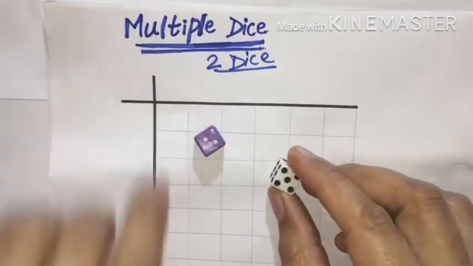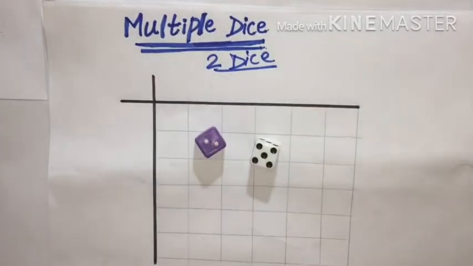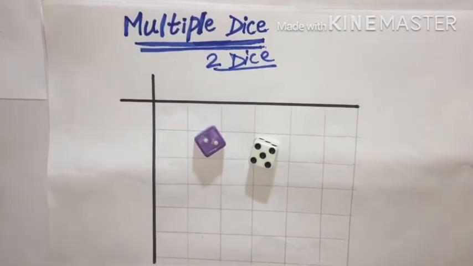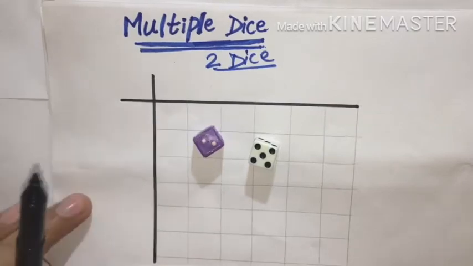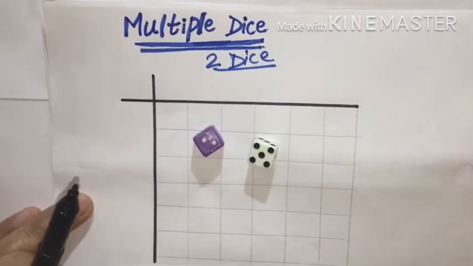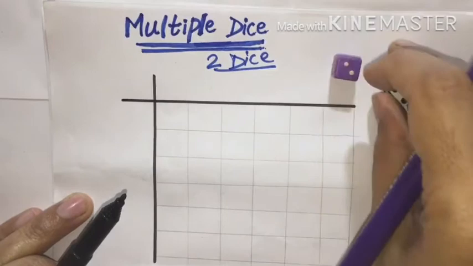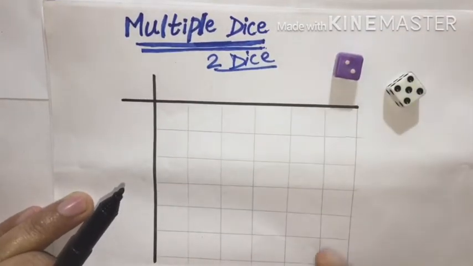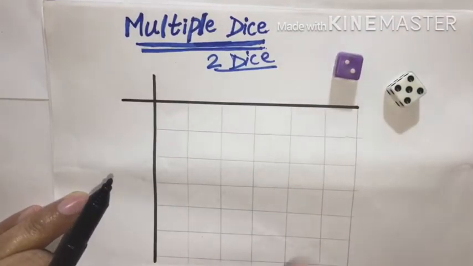One is purple and the other is white. I am using two colors to show the different faces of these two dice. So how can we use these two dice when we throw them?